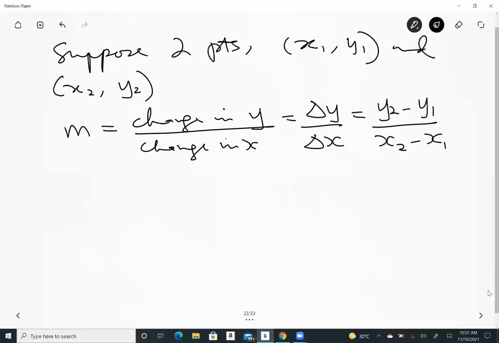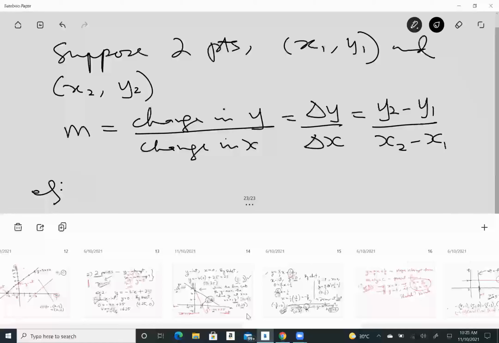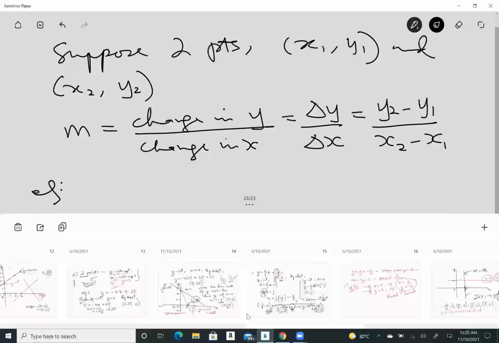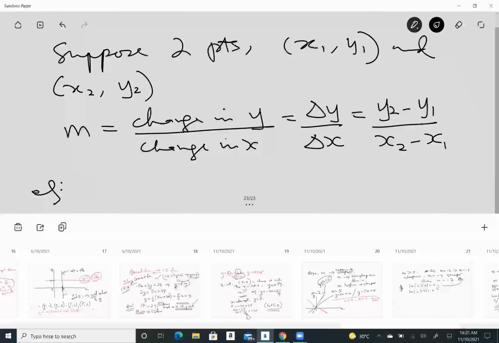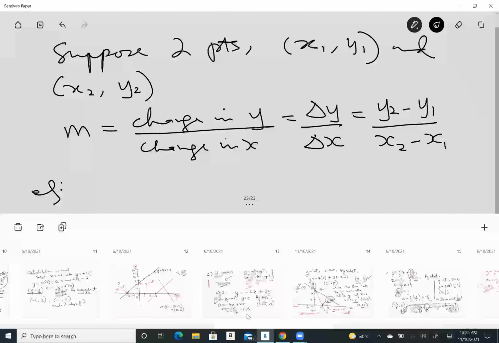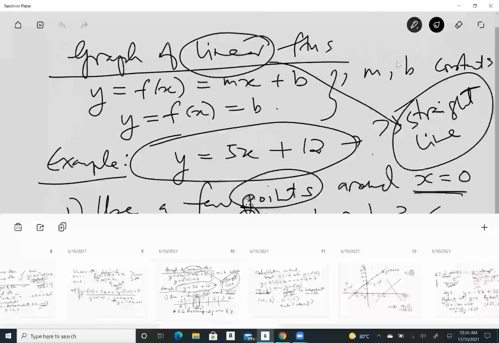So you have these two. For example, we go back to the example that we have earlier to start with. Remember that I started with a few points when you draw the graph. Okay, we have this line here.